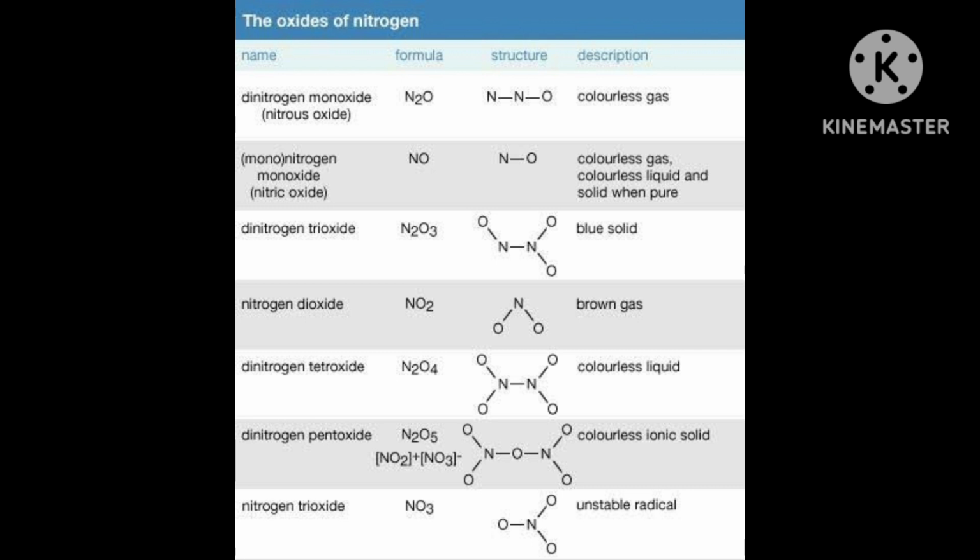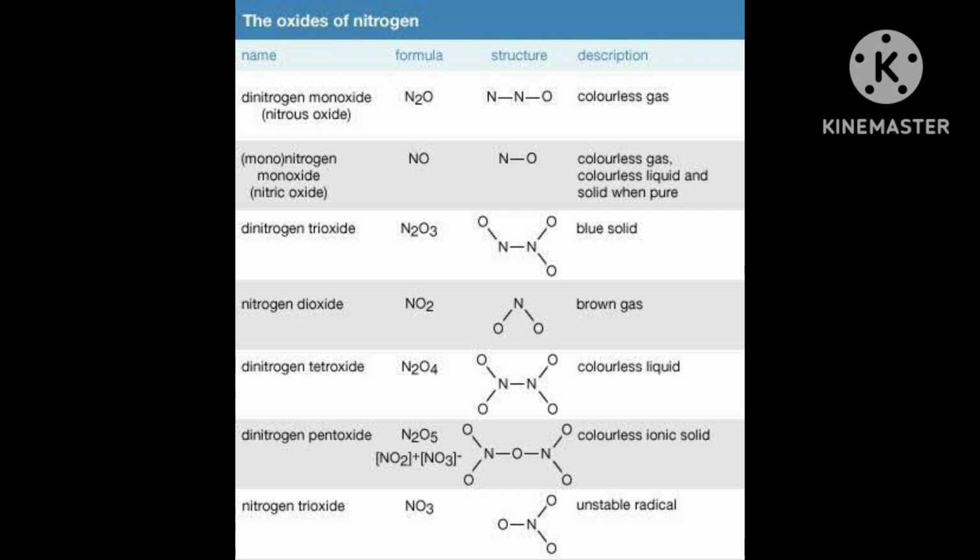If you heat lead nitrate around 672 Kelvin, you will get 3 products. What are those 3 products? First product is NO2. Second product is lead oxide. Third product is oxygen.